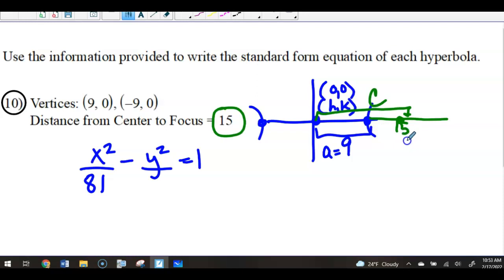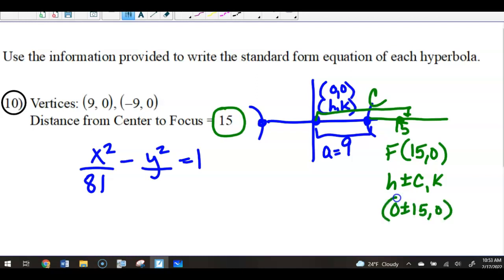If you were to write it as an ordered pair here and say one of the foci is at 15, 0, you could look at your notes and say the foci are h plus or minus c, comma k, which would be 0 plus or minus 15, comma 0. So c is 15, okay? I hope you understood the concept, but if you had to use the recipe, you could.